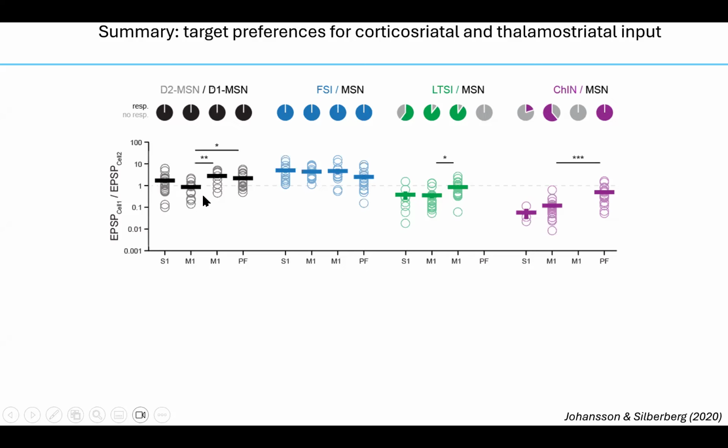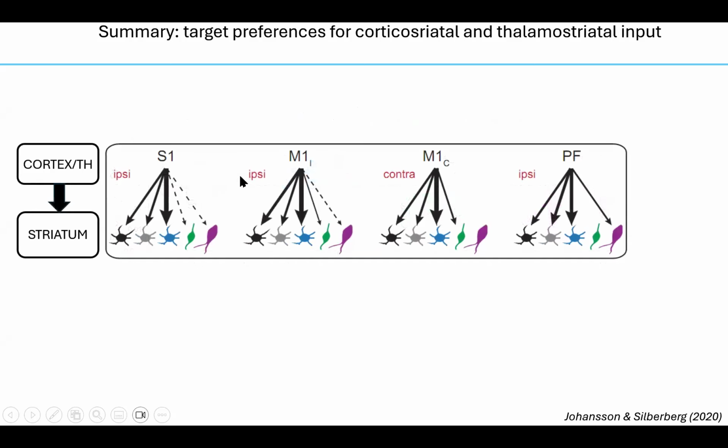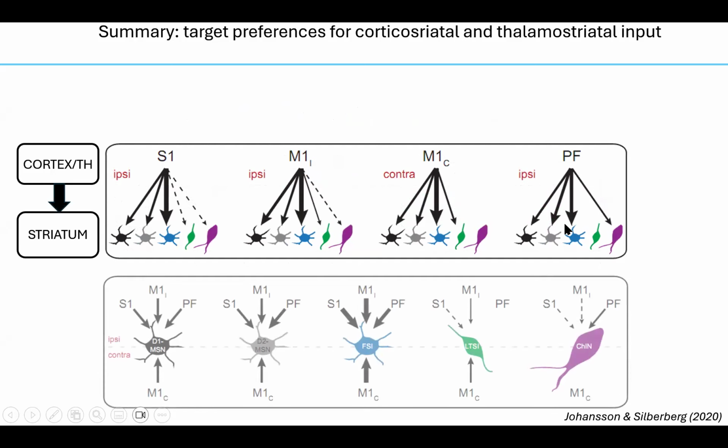There was also an imbalance between cells that belong to the direct or the indirect pathway, dependent on the identity of the presynaptic region. So the overall strength, when we talk about the way that the cortex talks to the striatum, depends on the identity of the postsynaptic cell type and which cortical presynaptic region we are talking about, and of course the thalamus has its own particularities.